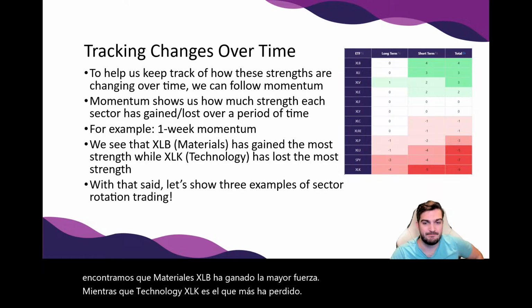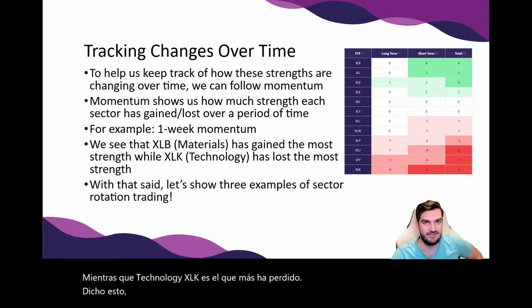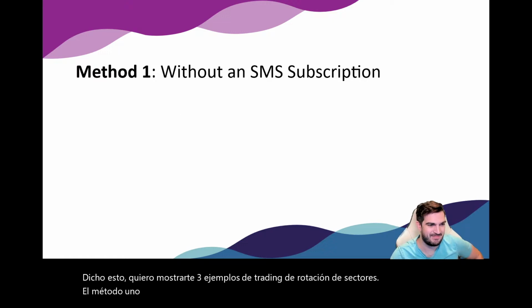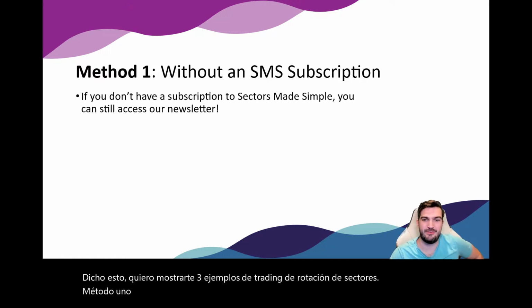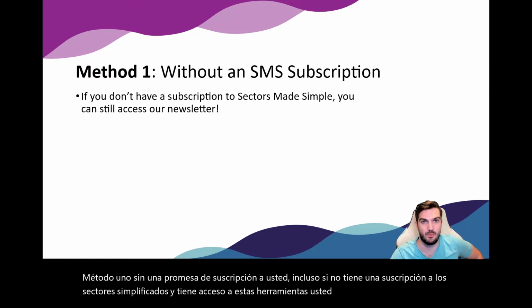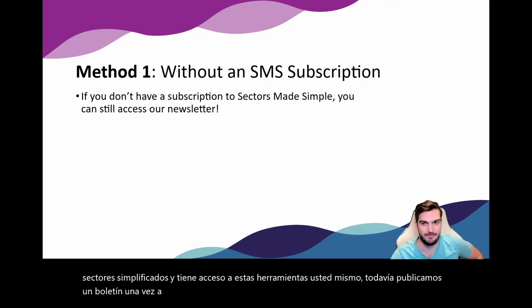With that said, I want to show you 3 examples of sector rotation trading. Method 1, without a subscription. I promise you, even if you don't have a subscription to Sectors Made Simple and you have access to these tools yourself, we still do publish a newsletter once a week that you can get access to.